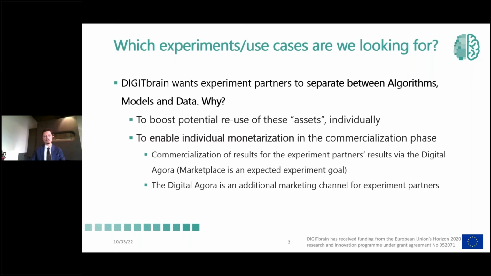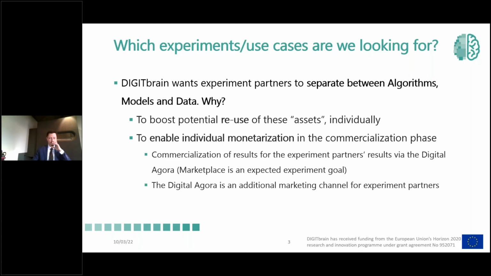First and foremost is to boost the reuse of these assets on an individual basis and to enable to build digital twins by recombinations of these assets, thus speeding up the process of developing new digital twins in the future.